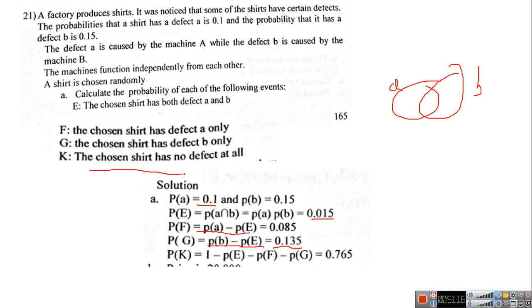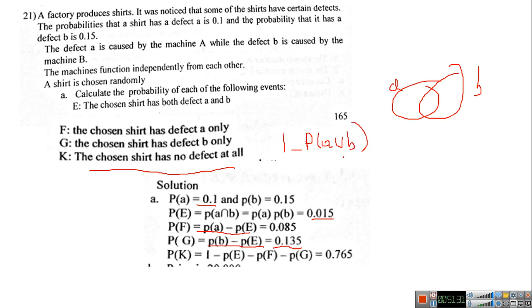K, the chosen shirt has no defect at all. What does it mean, no defect at all? It's 1 minus their union. We can do it in two ways.